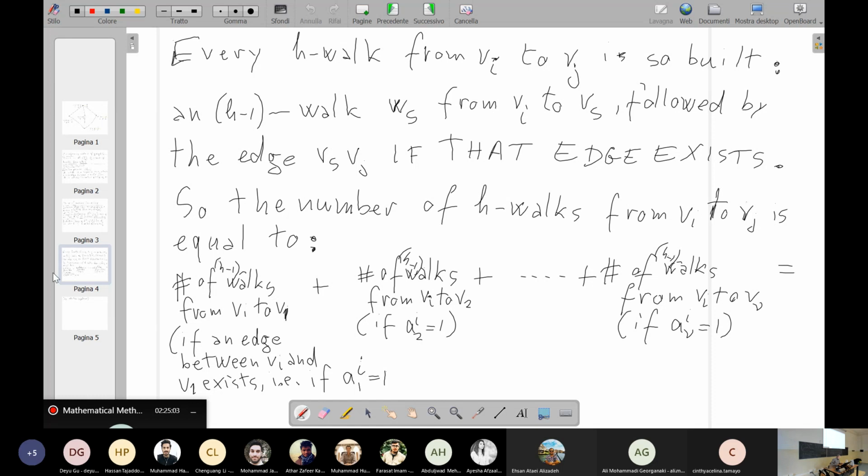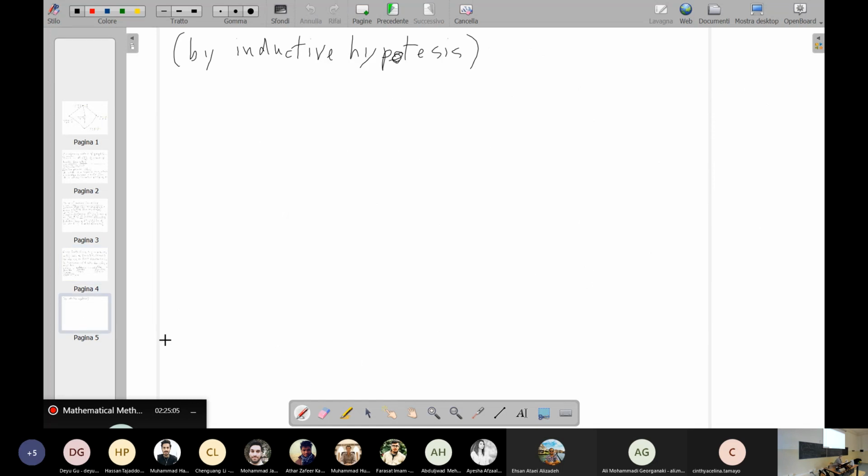And so this is equal to Ci1 times A1j plus Ci2 times A2j plus Cin times Anj.